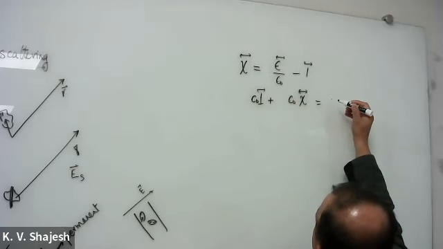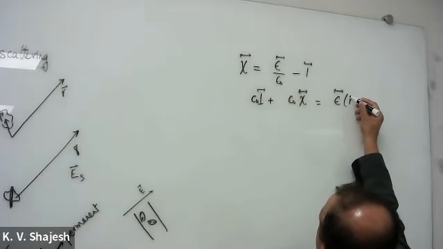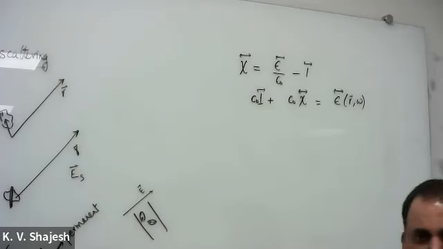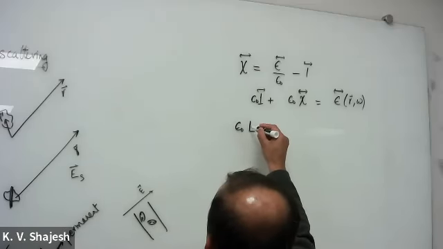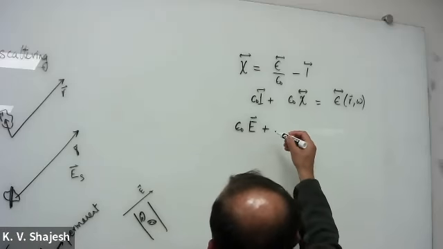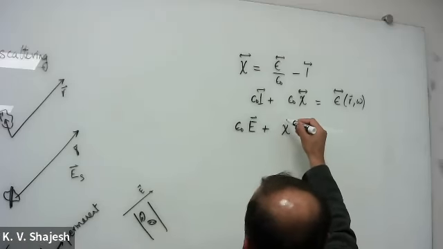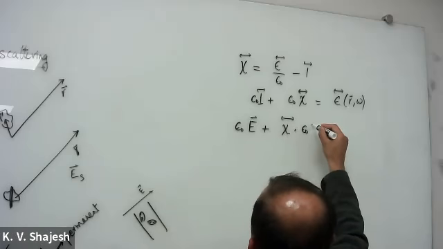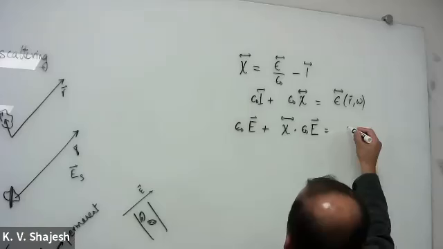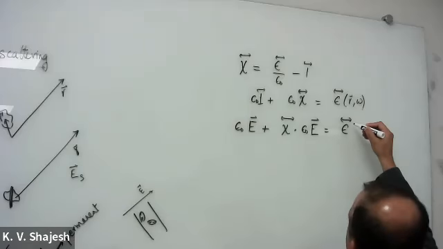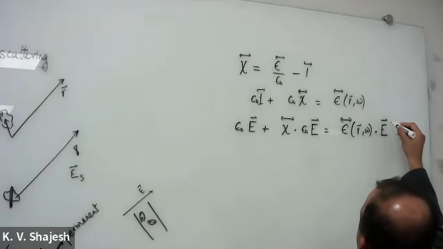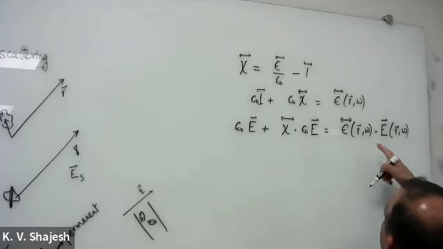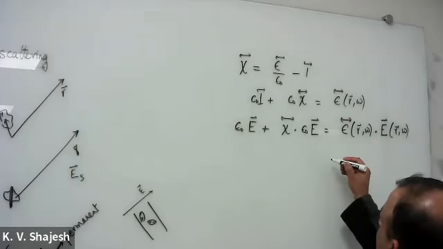That's the same as epsilon. So this whole thing is nothing but epsilon naught E plus chi dotted with epsilon naught E, which is equal to the dielectric function of the material dotted with the electric field. And that's equal to D.